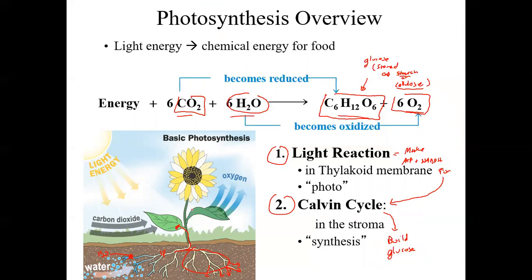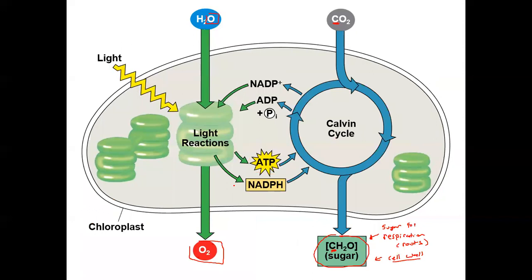So realistically, all the sugar that gets made here actually moves down to the roots. Some of it also gets stored as cellulose in the cell wall. So just understand that, and that's a nice little overview of the basics of photosynthesis. The next two are going to be more specific on the light reaction and the Calvin cycle.